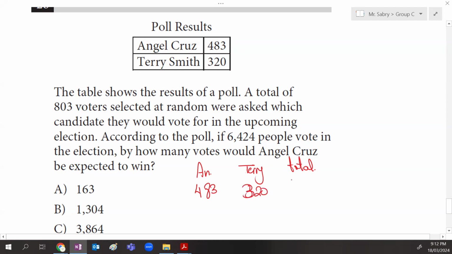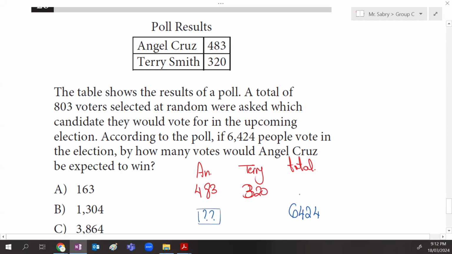Now, under the total, I do not know how many there are, but I know that in another case, if there were 6,424 votes in total, I'd like to know how much we should expect Angel to have. How many votes would Angel Cruz be expected to win? How many votes will Angel Cruz get?